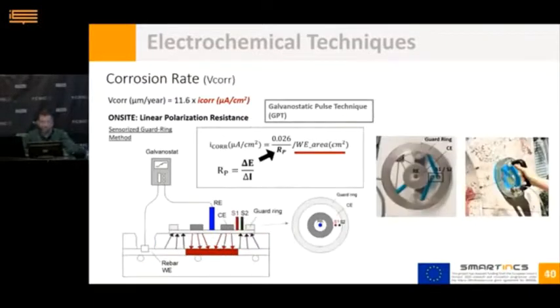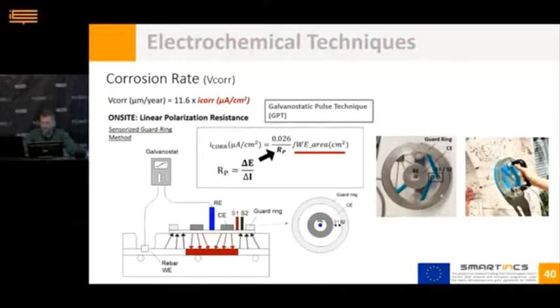To solve this problem, there is the guard ring modulated confinement method. It sounds very complicated, but this is the method which allows to confine the test in a specific rebar area.